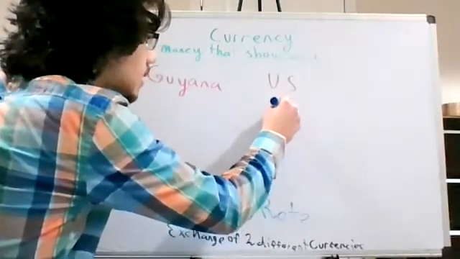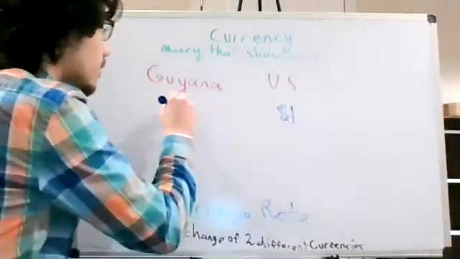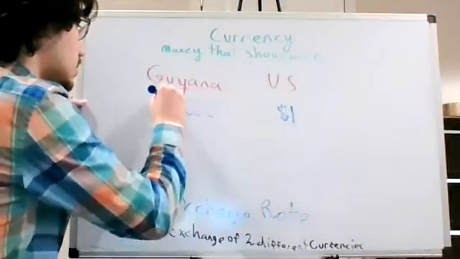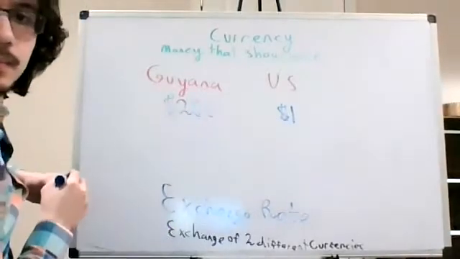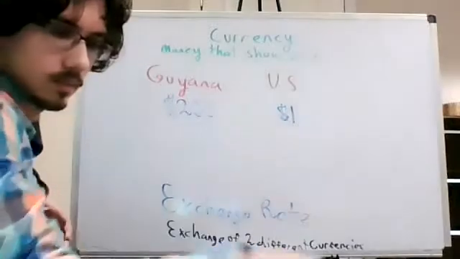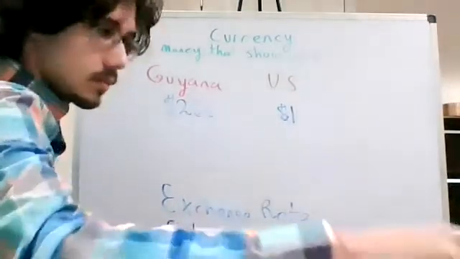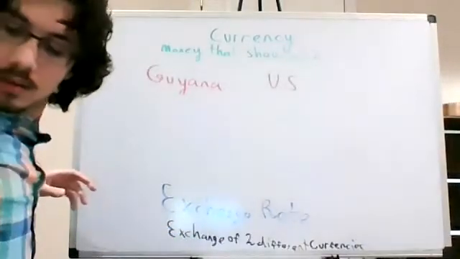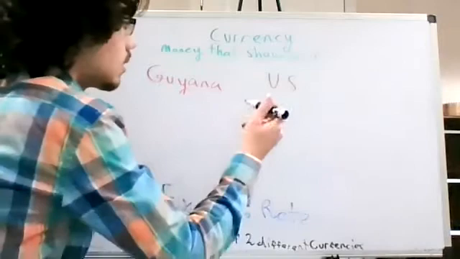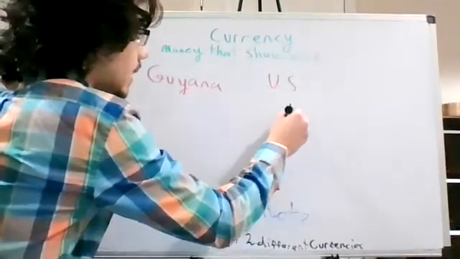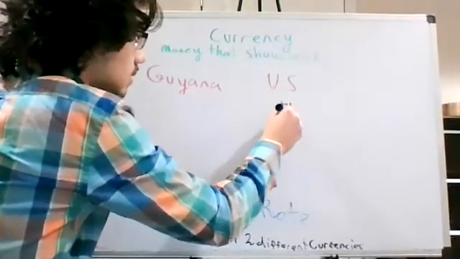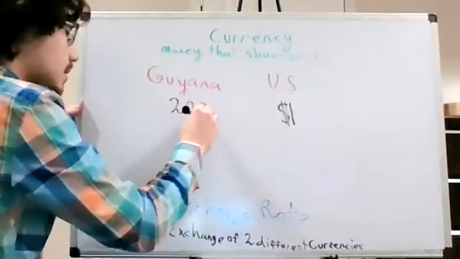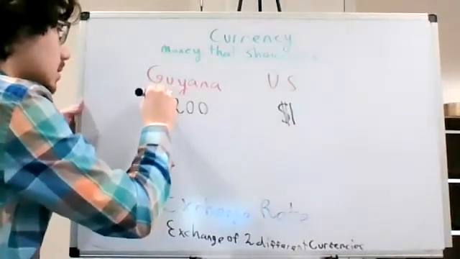1 US dollar is worth 200 Guyana dollars. Let me see if I can write that better. So 1 US is worth 200 Guyana dollars.